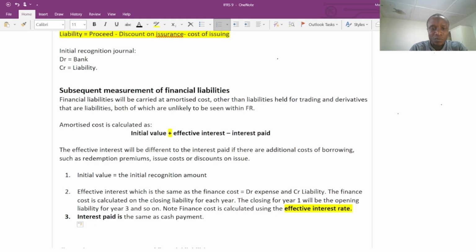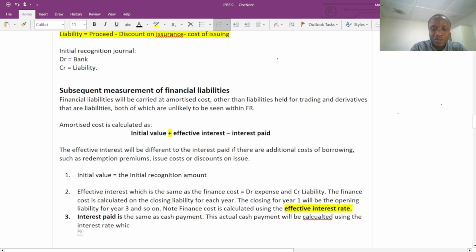So now this actual cash payment will be calculated using the interest rate, which is not the effective interest rate.